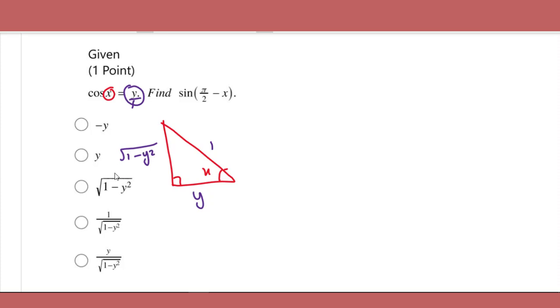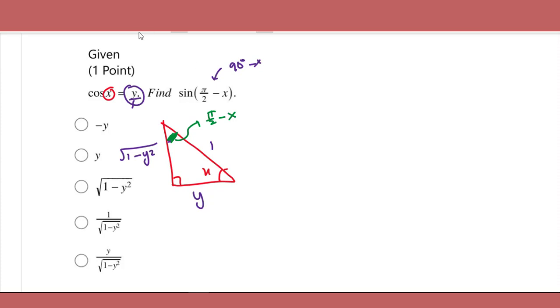We are going to find sine of pi over 2 minus x. So here is 90 degrees minus x. The total for this triangle is 180, 90 plus x, so this angle should be pi over 2 minus x.